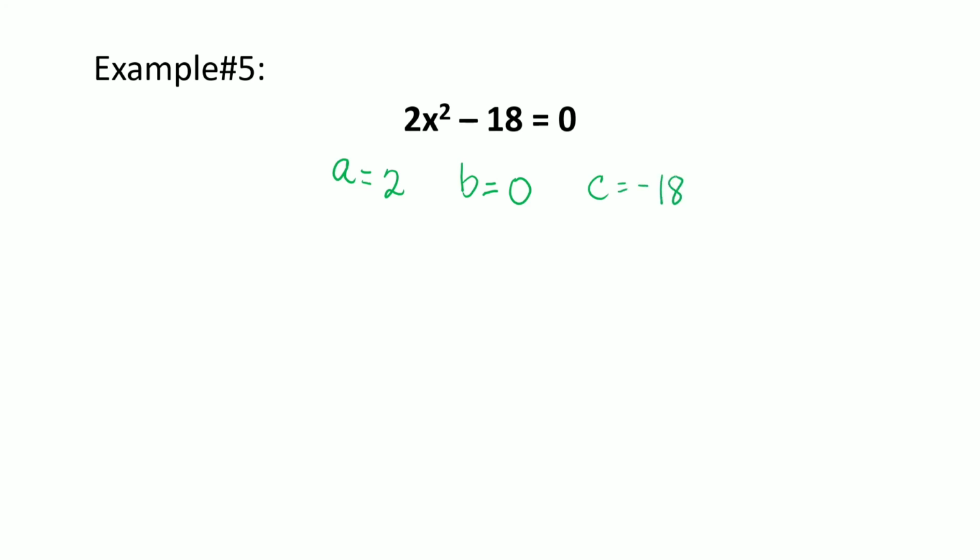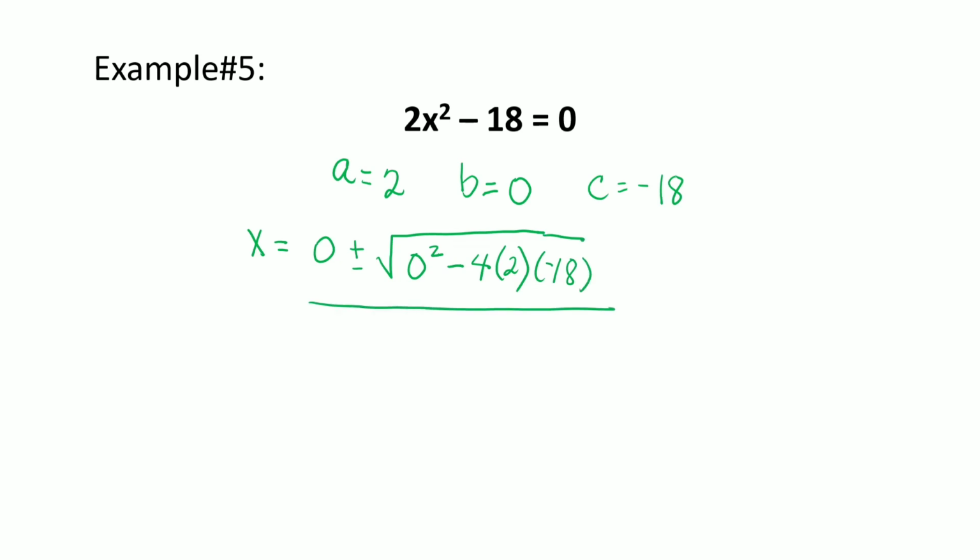Okay, so substituting this a, b, and c in the quadratic formula, so we have negative 0, or 0 plus minus the square root of b squared, so 0 squared minus 4ac, all over 2a.